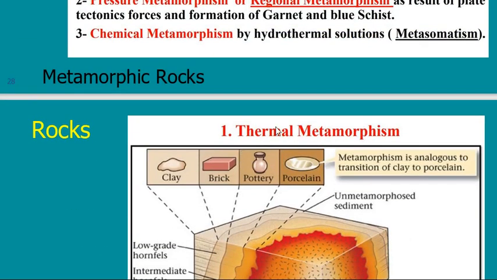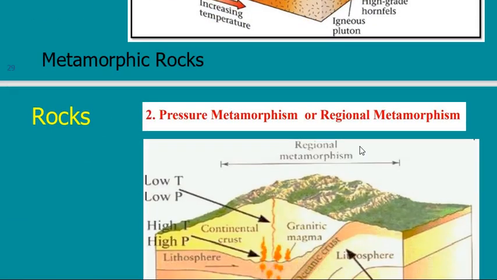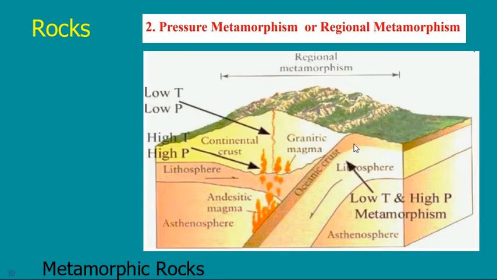This is thermal metamorphism. The next thing is the pressure metamorphism. We can do the same metamorphism, but using just pressure, or maybe pressure and temperature together. This happens where? You remember when we studied the collision of continents and the plates together, and one tectonic plate goes below and the other goes up, and when the collision happens, there is pressure.